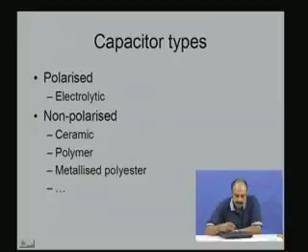In the polarized capacitor, the electrolytic capacitor is the one most commonly used, and in the electrolytic capacitor there are two more popularly used capacitors, the aluminum electrolytic capacitor and the tantalum capacitor. Tantalum capacitors are a bit more accurate in terms of the capacity. The aluminum electrolytic capacitors have lesser tolerance, meaning the variation is much more.